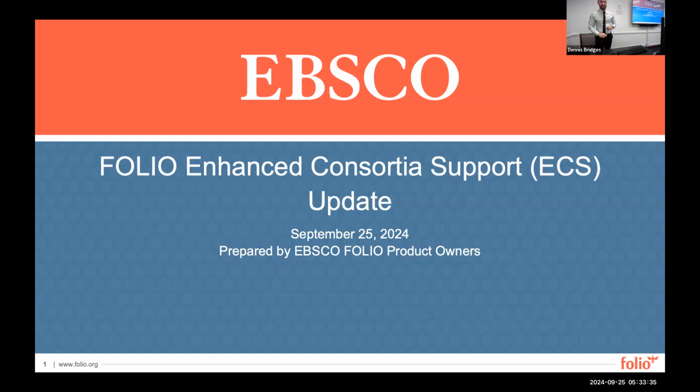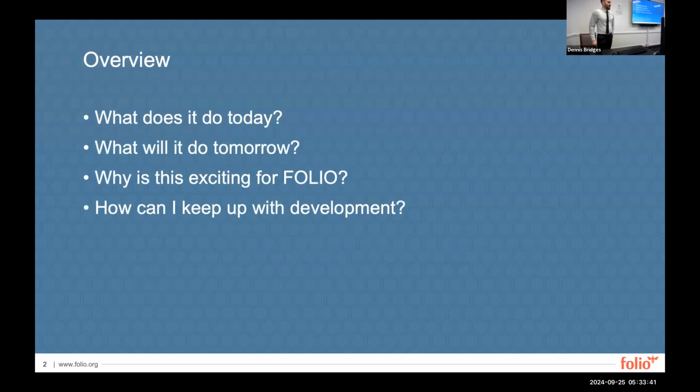And the general idea of what we're going to be going through here. We'll talk a little bit about what Enhanced Consortial Support does today in the current release, which we will be talking about as Poppy. What it will do tomorrow will be Quesnelia and beyond.